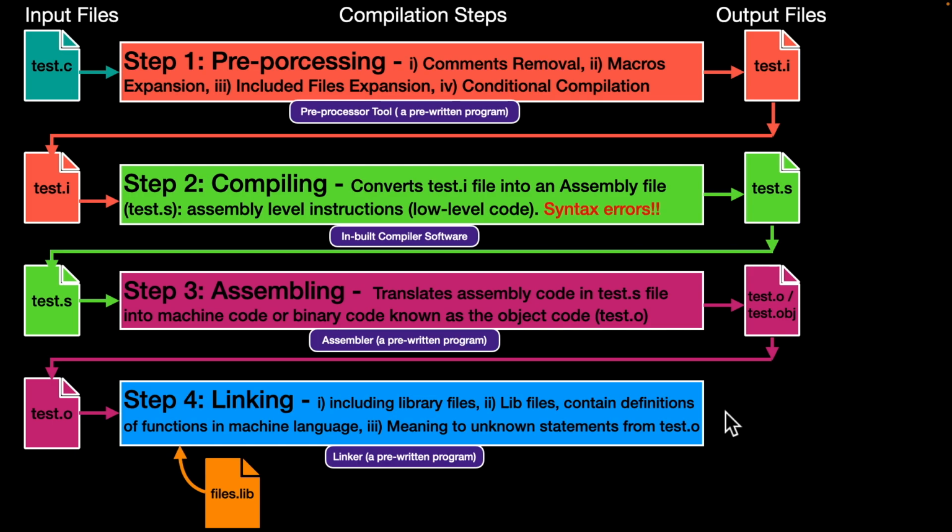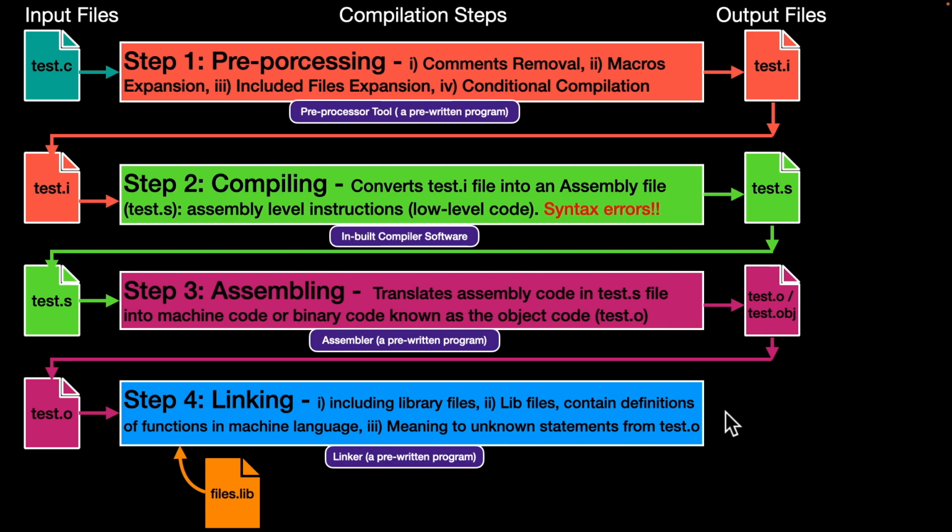For example, if we use the printf function, its header is in the stdio file, but its definition or body of the function is not in that file. So our operating system does not understand printf if we do not link the library files into our code.